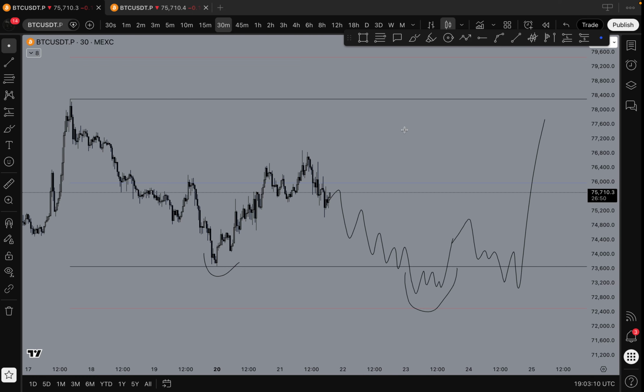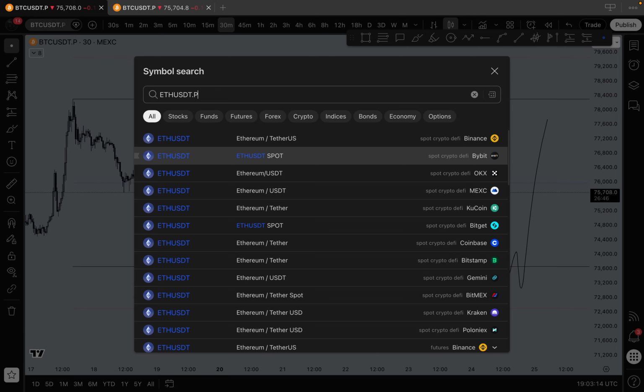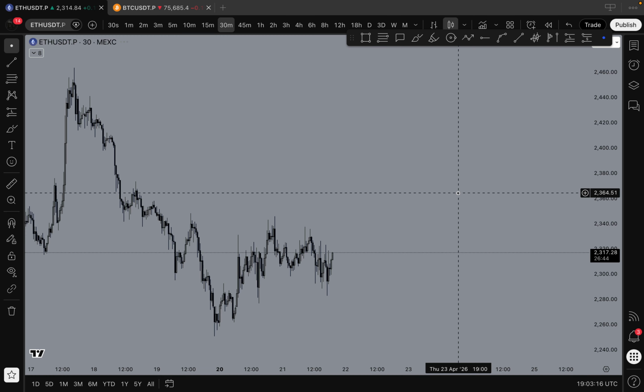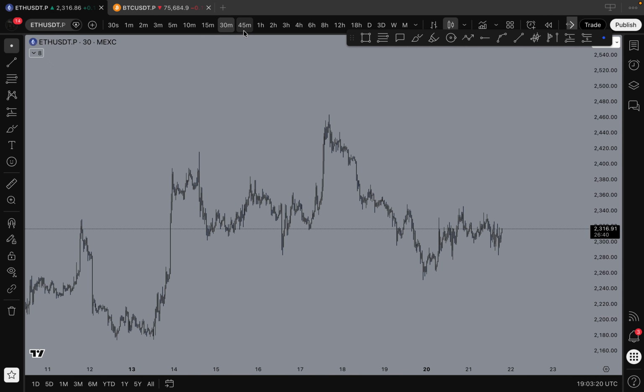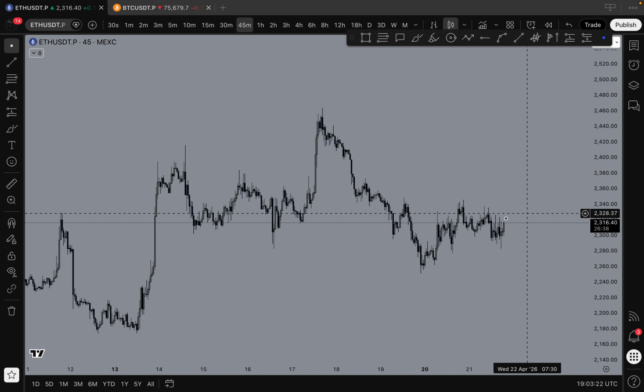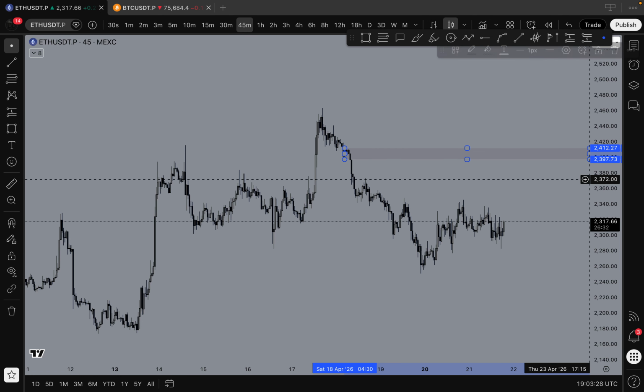So then let's go to ETH. It's very likely that this is just chop, and then we have that gap which is around here.